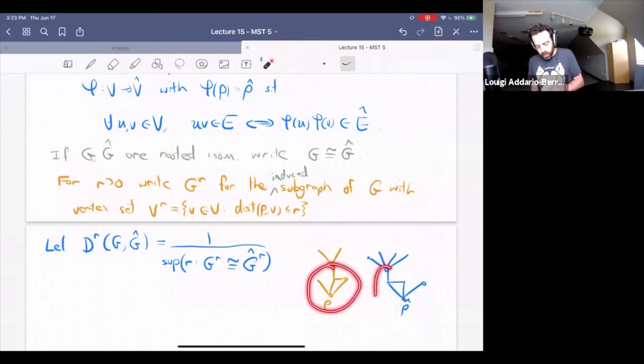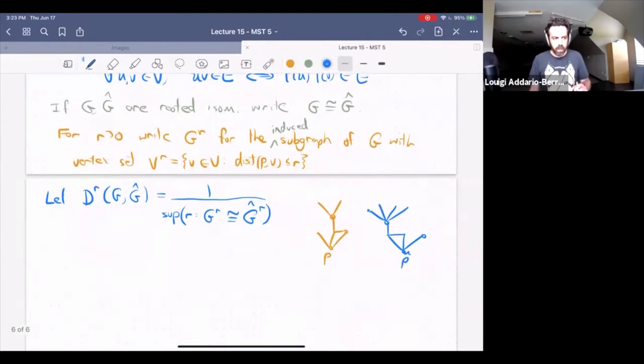These two graphs are isomorphic. But if I go out to distance 3, they're no longer isomorphic. So then this supremum would be 2, and the distance between these two would be a half. Okay, is the definition clear?